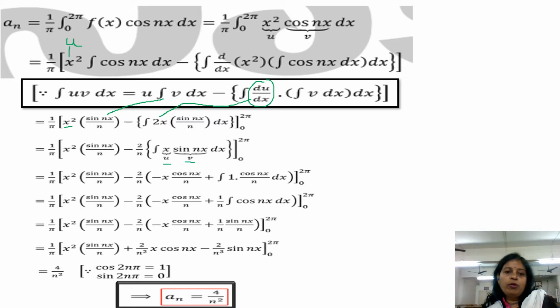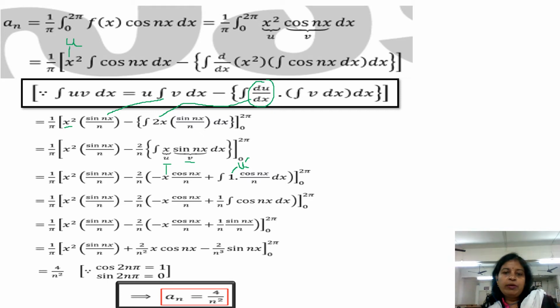So you will get 2/n times (−x cos nx/n, because the integration of sin nx/n is −cos nx/n, plus the integral of the differentiation of u times the integral of v, which is cos nx/n dx).